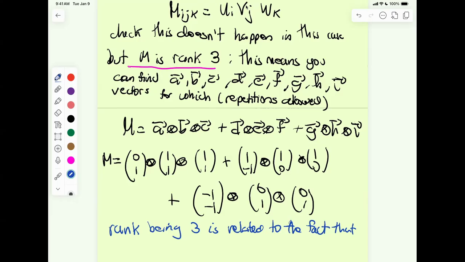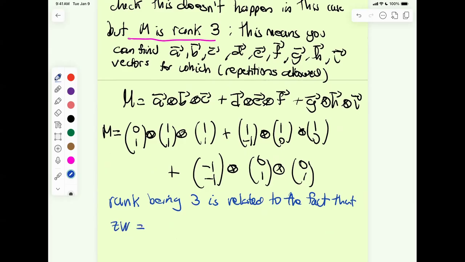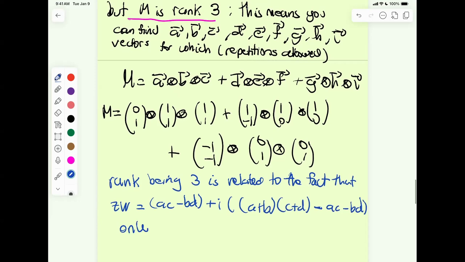The product of two complex numbers, you can write it as AC minus BD plus I times (A plus B) times (C plus D) minus AC minus BD. So this only requires 3 multiplications.